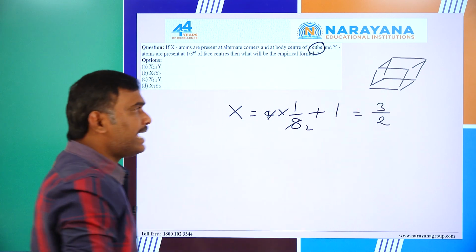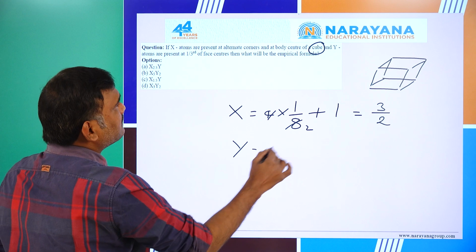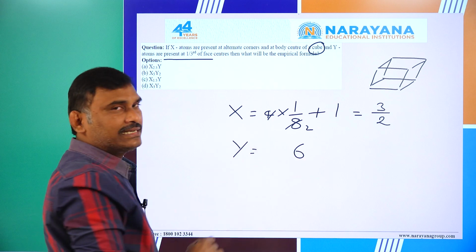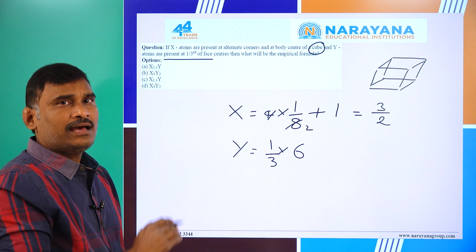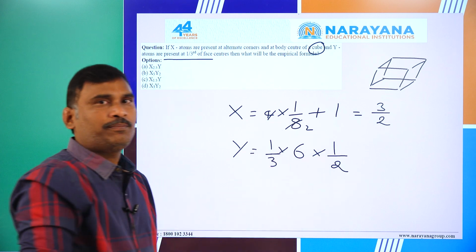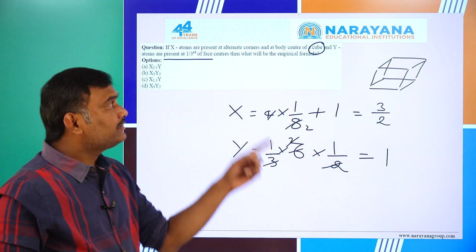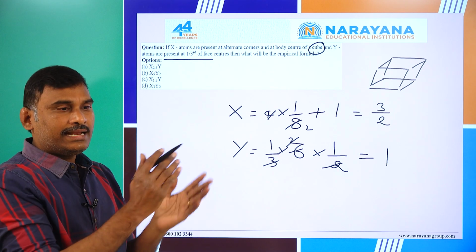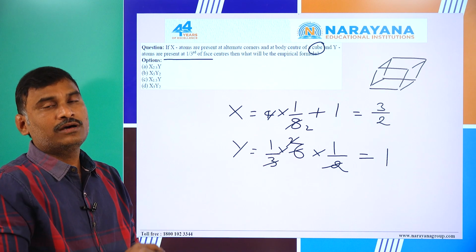That is why the number of effective X atoms is 3 by 2. And what about the Y atoms present at 1/3 of the face centers? The total number of face centers is 6, 1/3 of that means 2 face centers only, and each face center lattice point contributes 1/2 part.